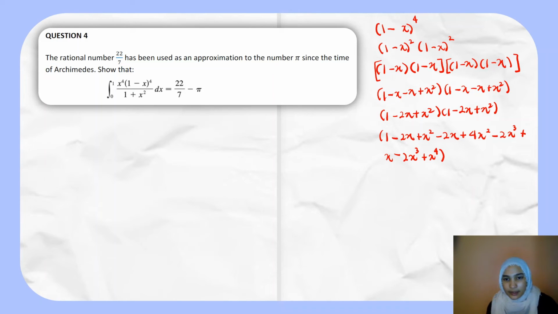So simplify it, you will get x to the power of 4 minus 4x cubed plus 6x squared minus 4x plus 1.